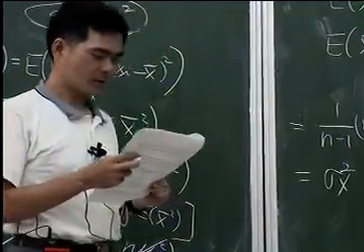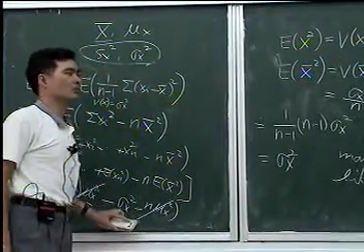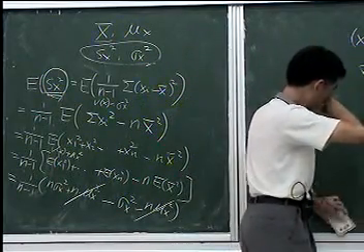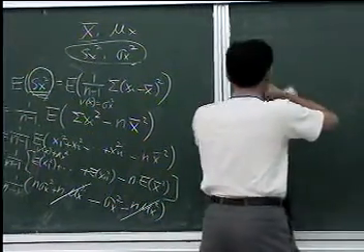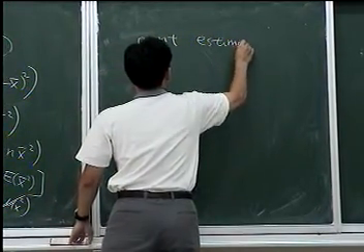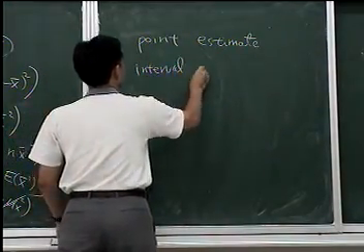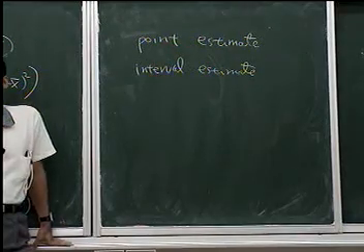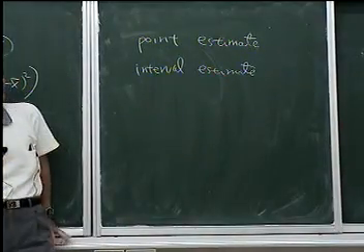The next one is about estimates. When we estimate the population mean or population variance, of course there are several ways to estimate it.